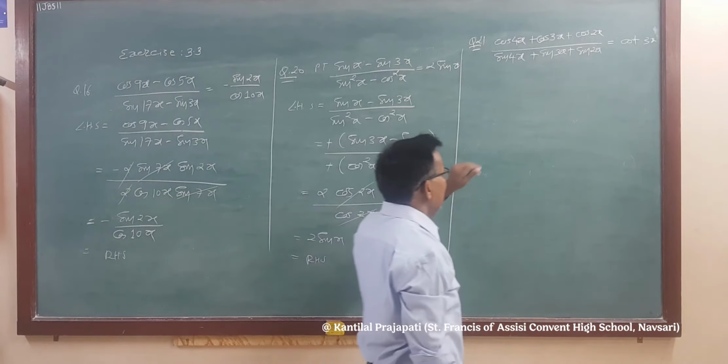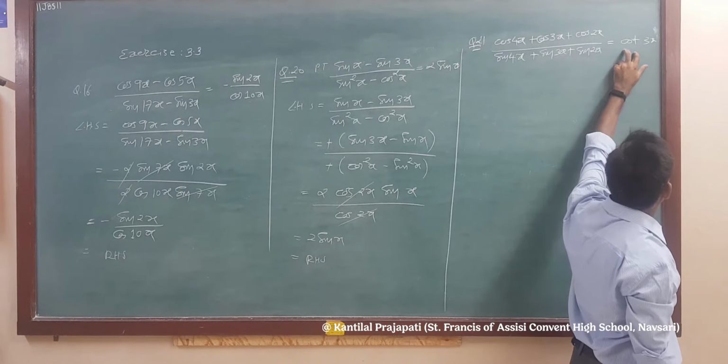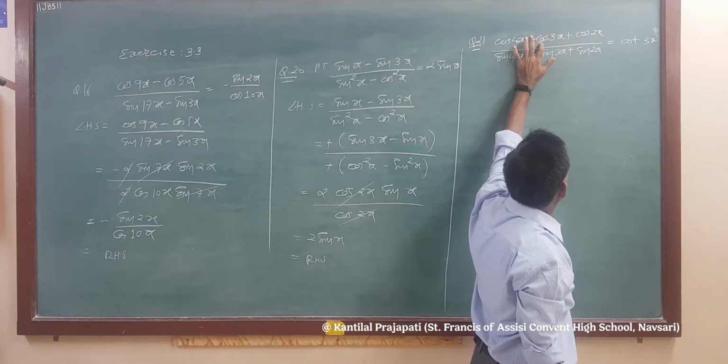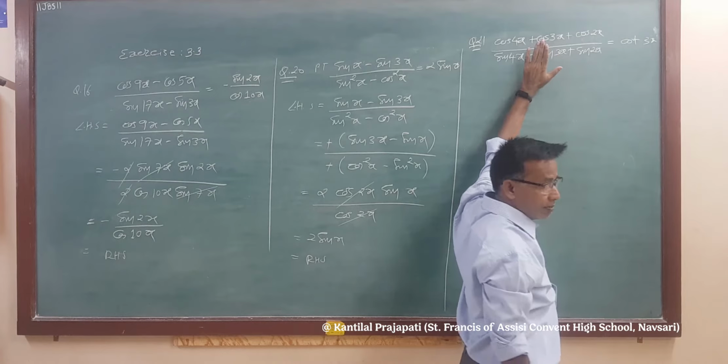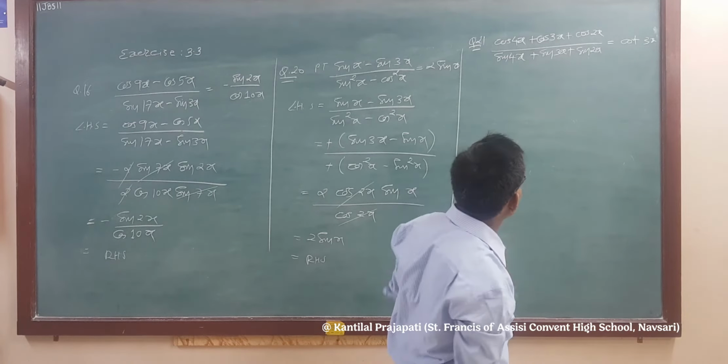See here, in RHS we require cot 3x. Cot 3x means cos 3x upon sin 3x, which is given here as the middle terms, cos 3x and sin 3x. We keep cos 3x and sin 3x as they are. We take the first and last terms first.